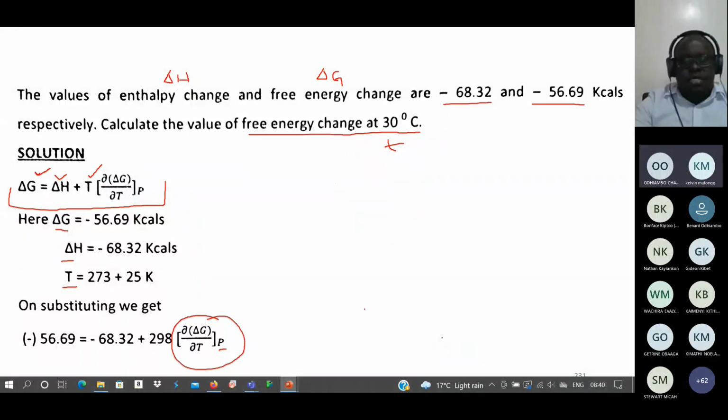Excuse me, sir. Yes. According to your question, I've seen that it says calculate the value of free energy change at 30 degrees Celsius. But the absolute temperature that we've given down there, T, is equal to 273 plus 25. I think it should be 273 plus 30.